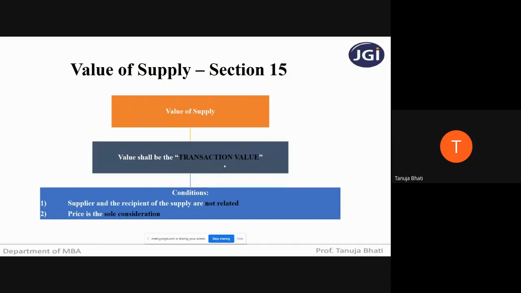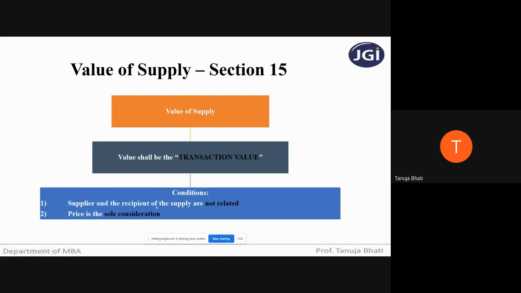So remember students, transaction value is nothing but price that is actually paid or payable for the supply of goods or services or both, where two conditions have to be satisfied, and those two conditions are: the supplier and recipient of supply are not related, and price is the sole consideration.